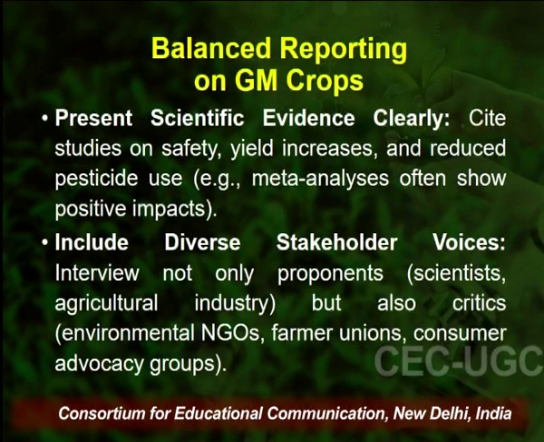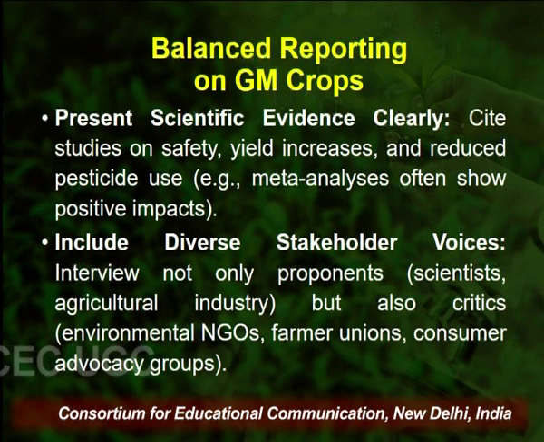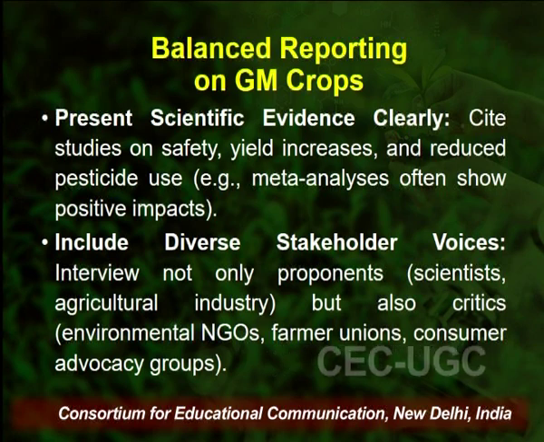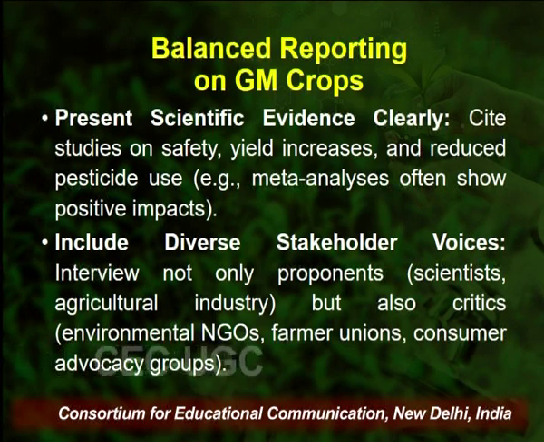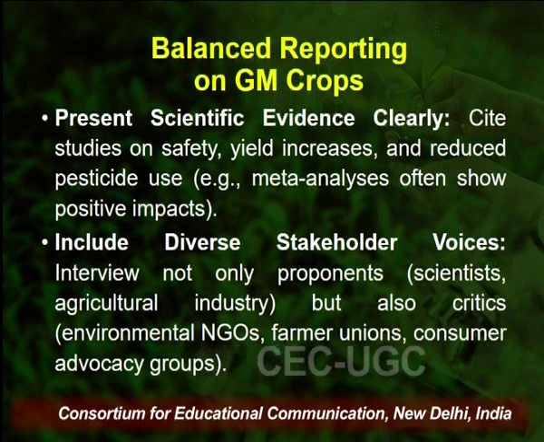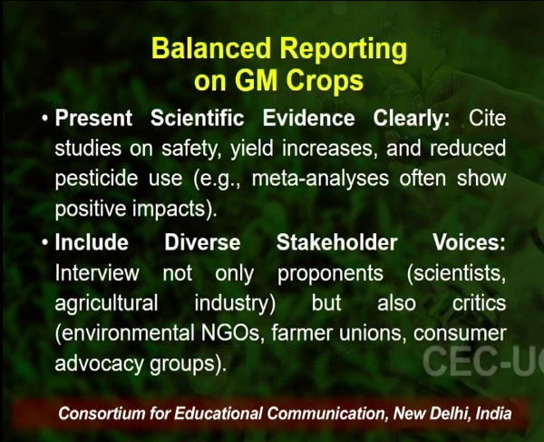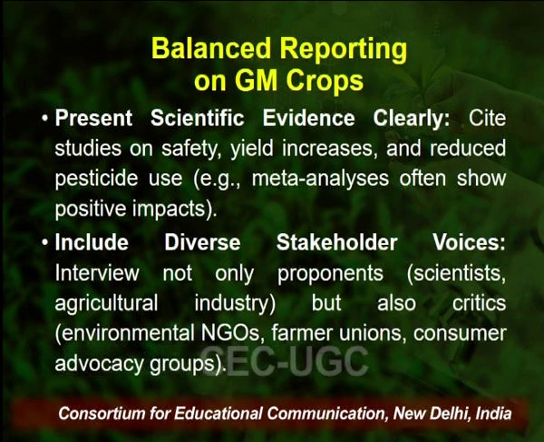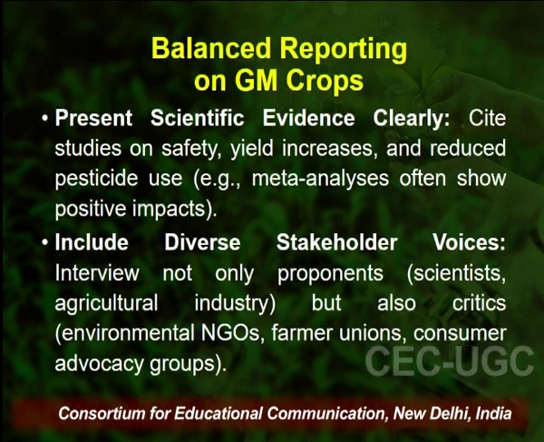And balanced reporting on GM crops: present scientific evidence clearly, cite studies on safety, yield increase and reduced pesticide use, like meta-analyses that often show positive impact, including diverse stakeholders' voices. Interview not only proponents, scientists, the agriculture industry, but also critics, environmental NGOs, farmers' unions and consumer advocacy groups.